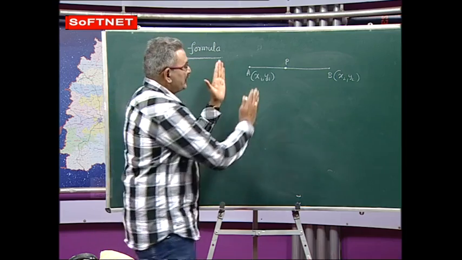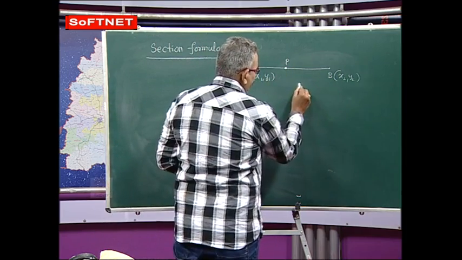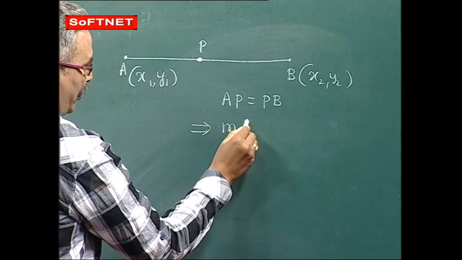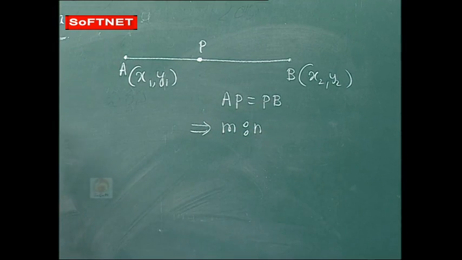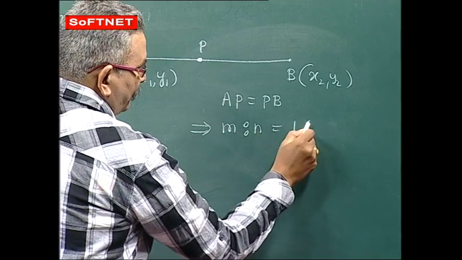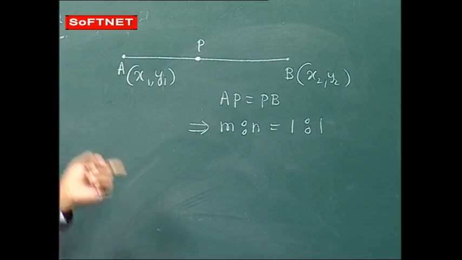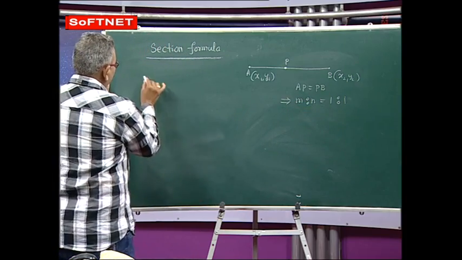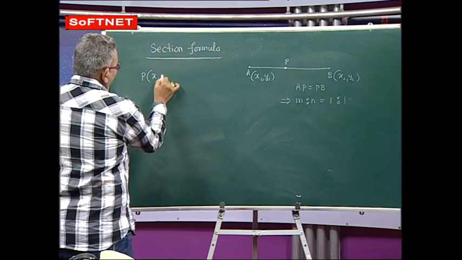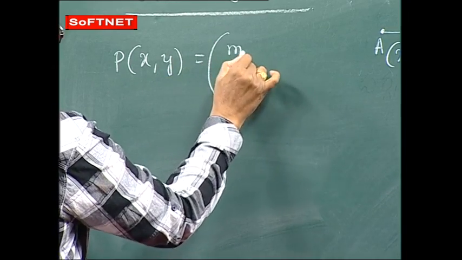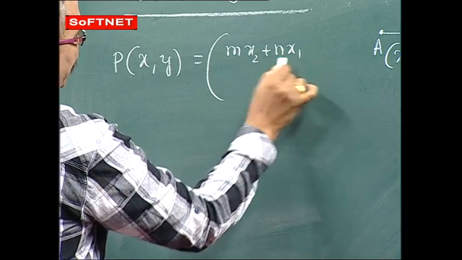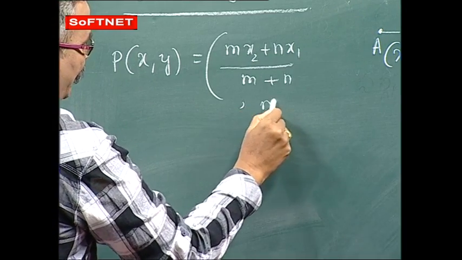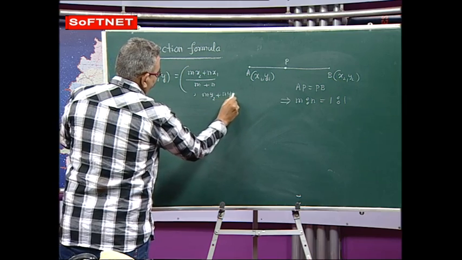Since AP is equal to PB, what does m is to n become? m is to n is equal to 1 is to 1. So, in the place of m you can write 1, in the place of n you can write 1. Already we know the P coordinates are mx2 plus nx1 by m plus n, my2 plus ny1 by m plus n.